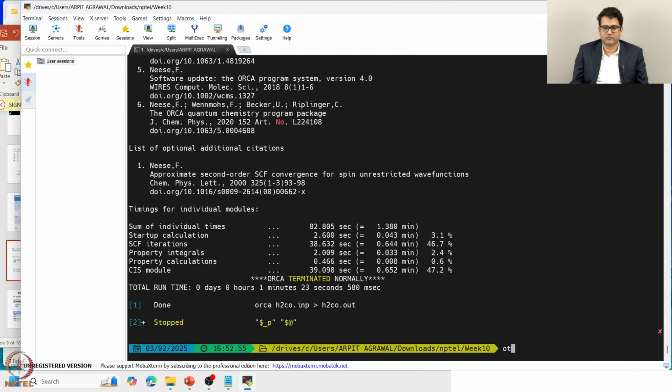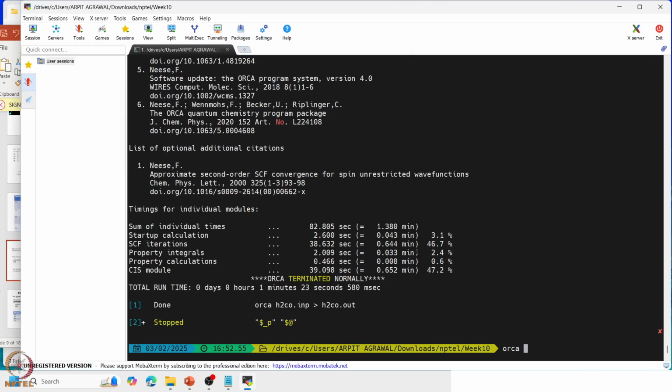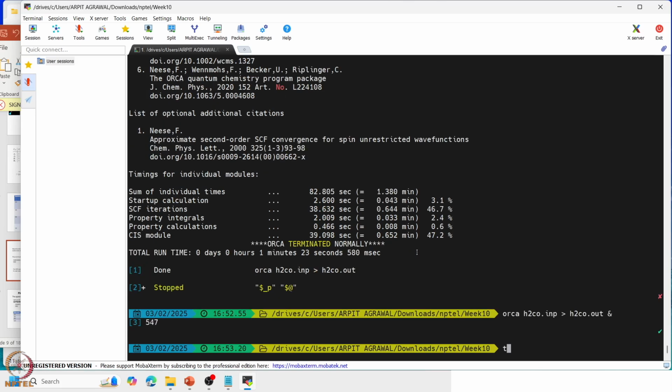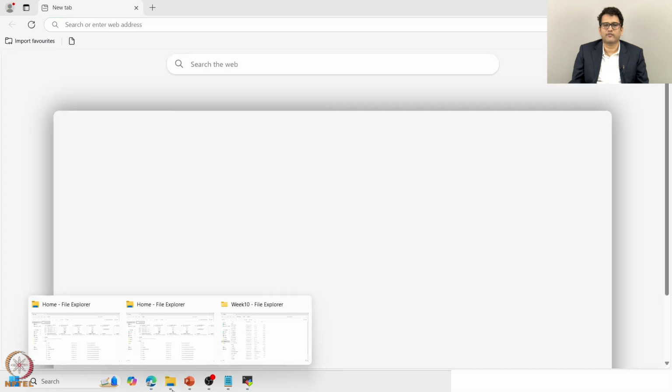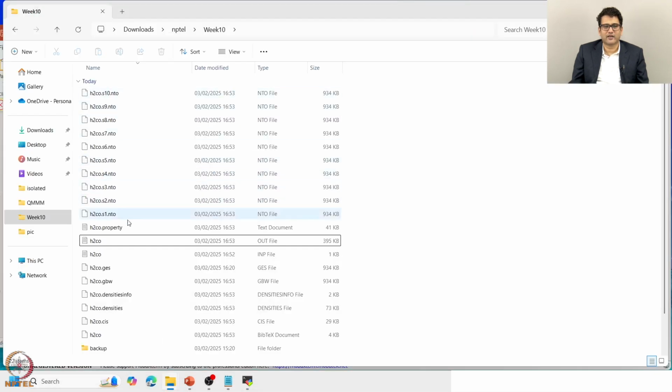DoNTO true. Because it has read the previous Hartree-Fock steps, the calculation finished so quickly. So, now these .NTO files are generated, and we will come to what they are.